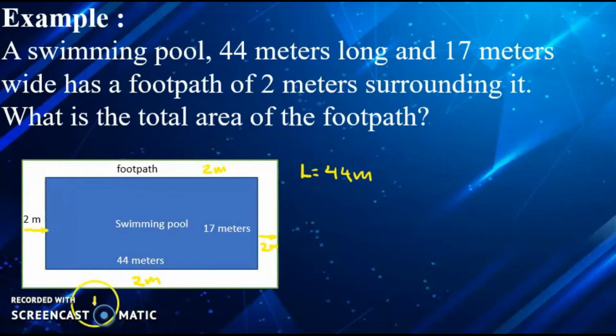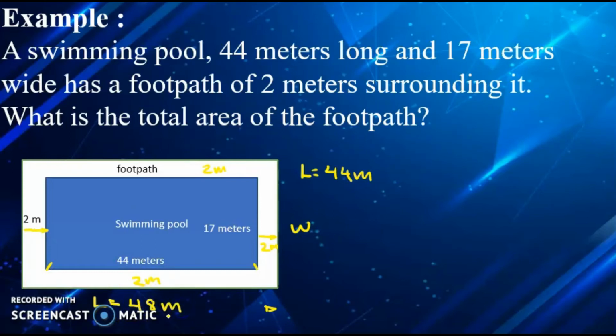Okay? So, yung length nito. And then, yung width. Kung 44 ang length nitong pool, ipa-plus natin yung 2 meters dito sa side para sumagad hanggang dito yung size. Kasi yung length is from this point hanggang dito. So, kung 44 meters mula dito hanggang dito, plus 2 meters, that is 46. Plus another 2 meters dito sa side. So, meron tayong total of 48 meters.